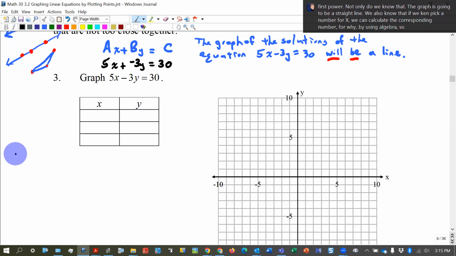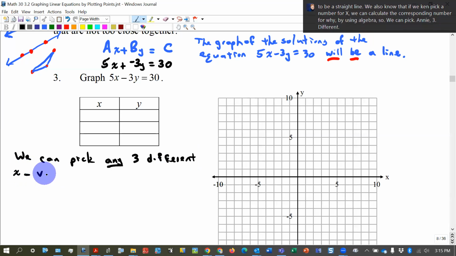So we can pick any 3 different x values.